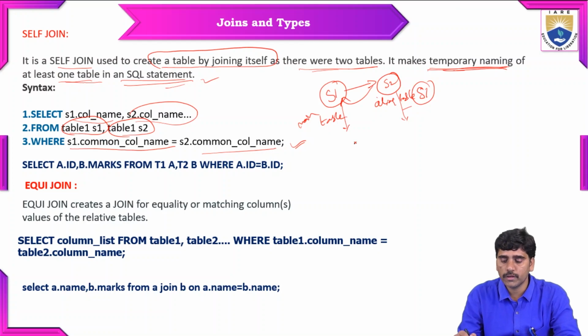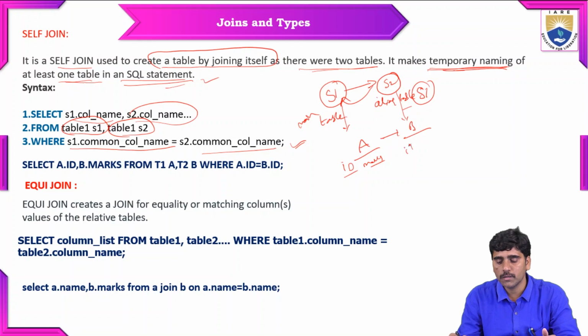For example, A is a table name which contains ID and marks, and the alias name for it is B, which also contains ID and marks as columns. Now I want to join the table with itself.